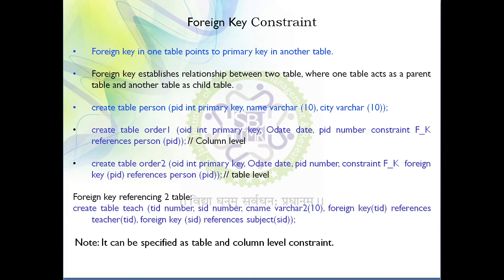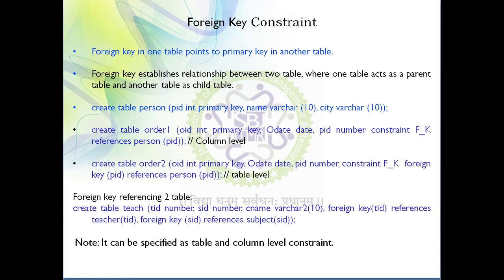The second restriction is for deletion. You cannot delete data directly from the person table. Why? Because its dependency is there in the child table. It's just like in the Linux operating system, where the concept of a directory is there. You cannot delete a directory directly. First you need to delete all the files, and then you can delete the directory.